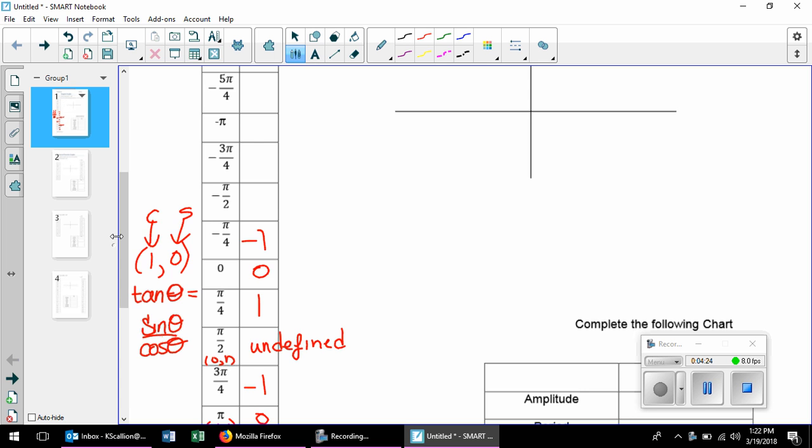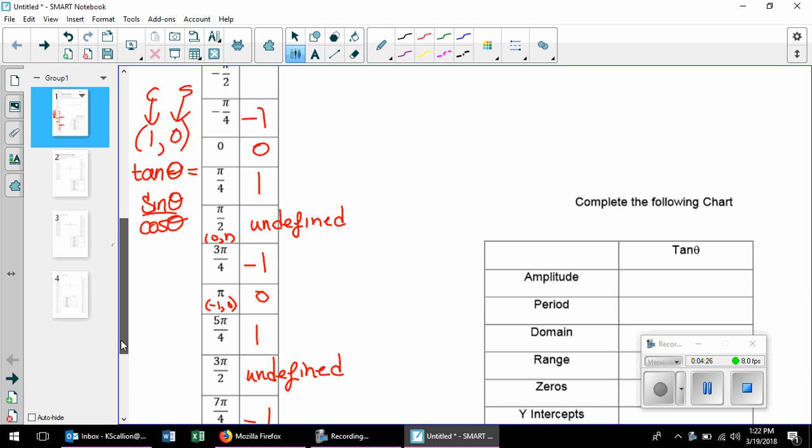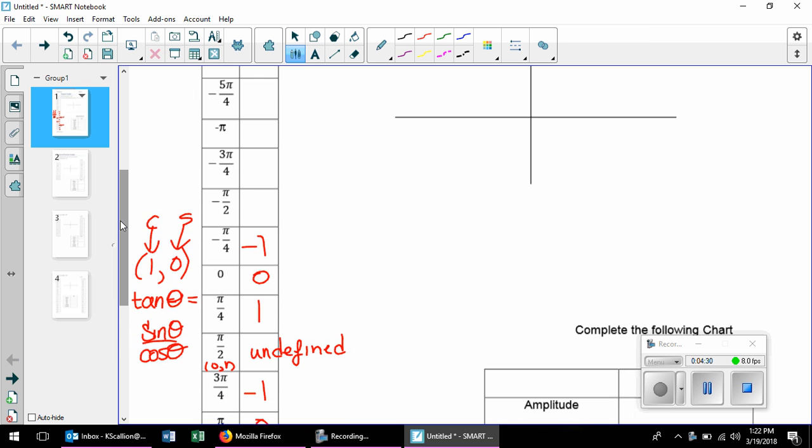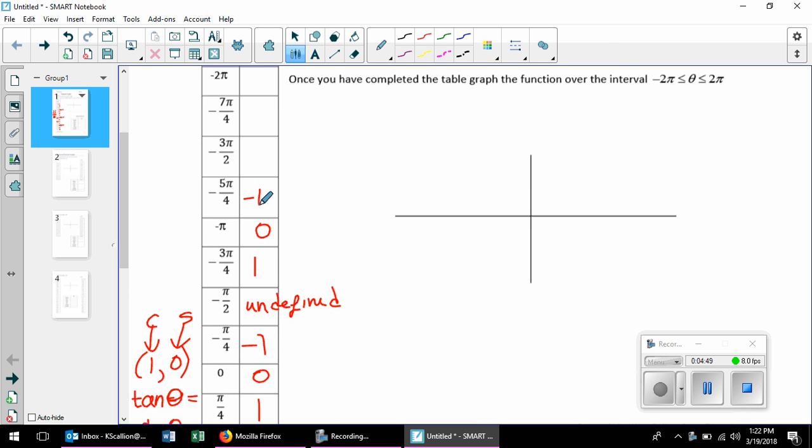There is a pattern. So if you were to go backwards, 1, 0, -1, undefined. So if you were to hedge your bet, what do you think this is? Oh no. So what comes after undefined? 1. What comes next? 0. What comes next? -1. What comes next? Undefined.